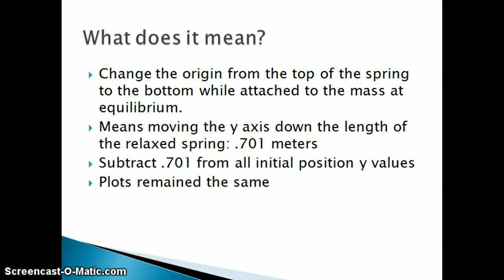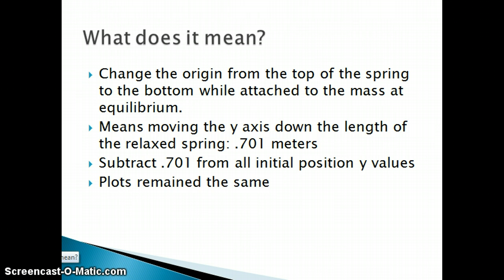For the third what if question, which is what would happen if you change the origin from the top of the spring to the mass on the spring? The change in the origin would only move the length up and down. It would not actually change any of your E values.